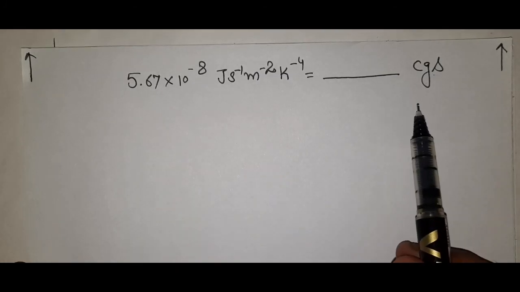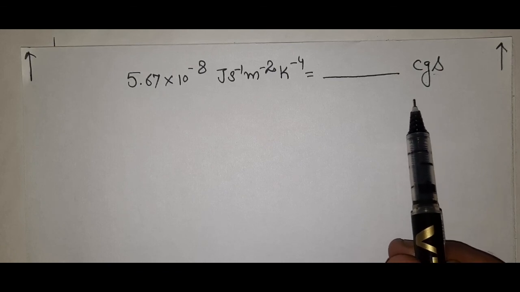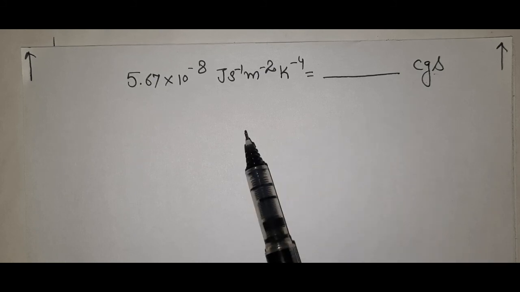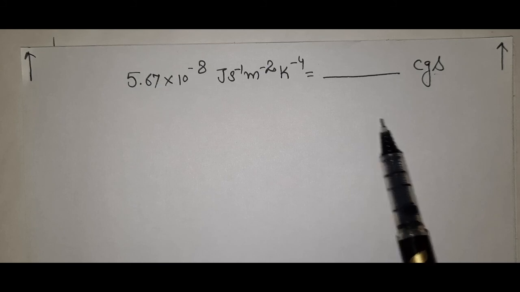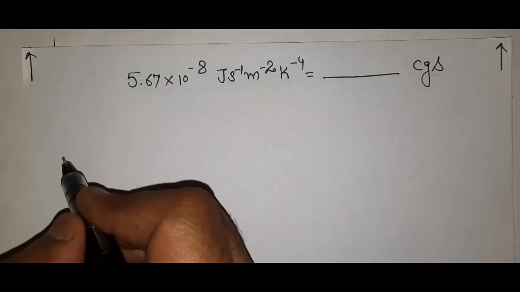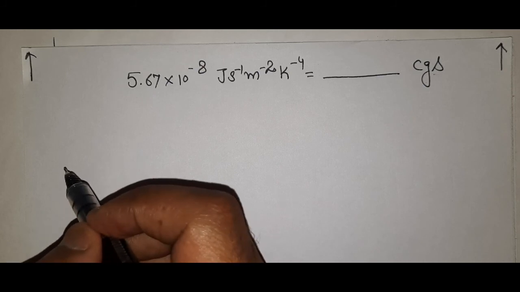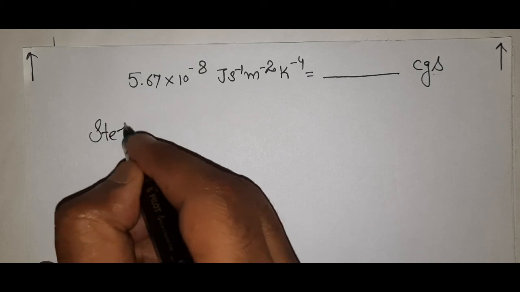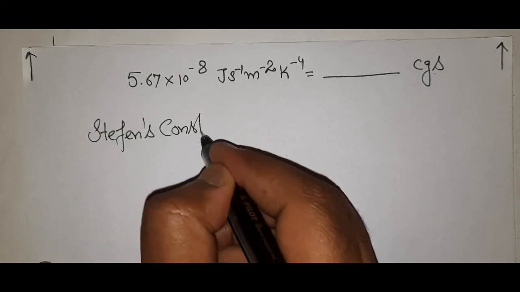This problem is related to conversion of units. Now first of all, we have to see which quantity is to be converted. As given in the question, the quantity is Stefan's constant.